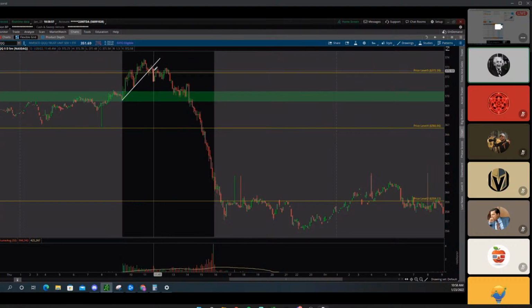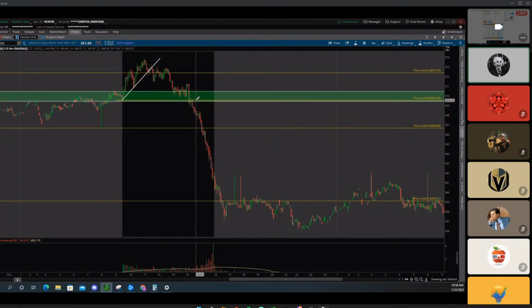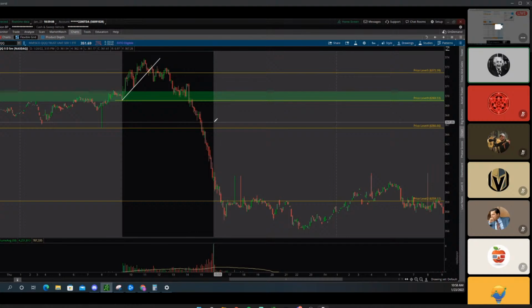Here's one. This is your break of the opening range low, initial balance low. Here's the level, which lines up with this demand zone. So 369 breaks. We knew 366 and below is a dangerous level where we were going to dump quickly.